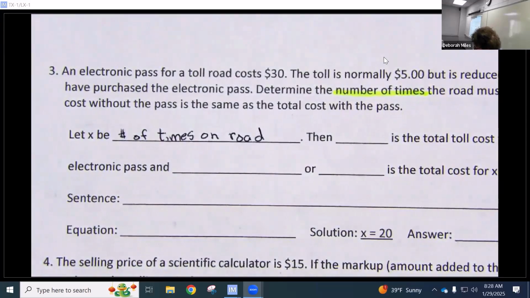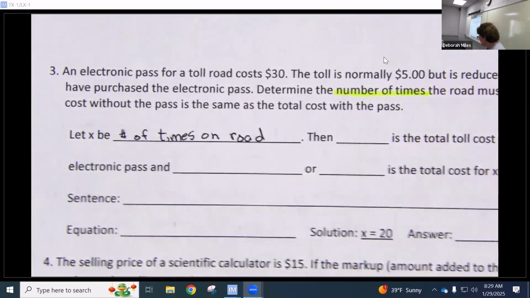All right. If you don't buy the pass, how much does X times the road cost? $5 each one.